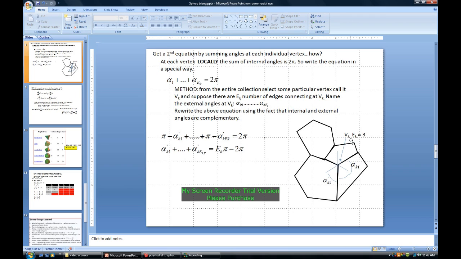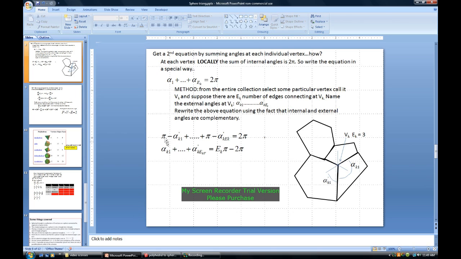So we just pick a vertex, call it vertex k, and call ek the number of edges coming into that vertex.